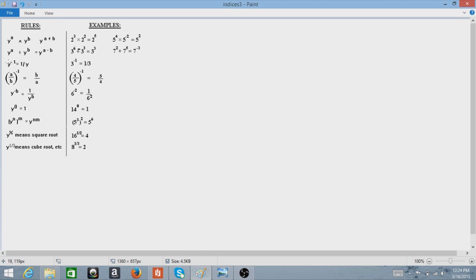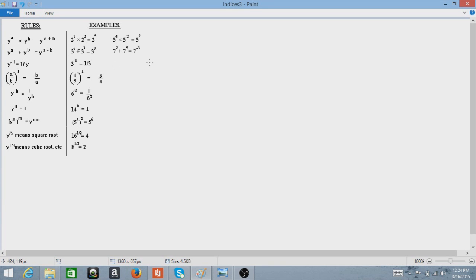Now let's go on to the third rule. Y to the power of minus 1. Whenever you see a minus power, all you need to do is put 1 over the base and the power, excluding the minus sign.